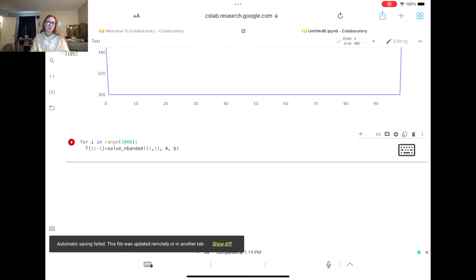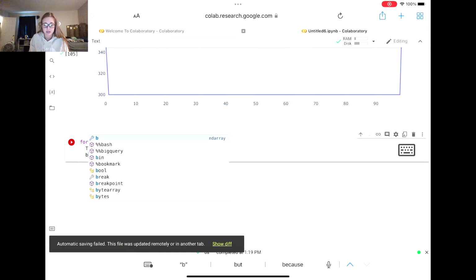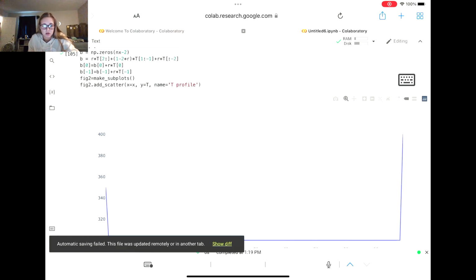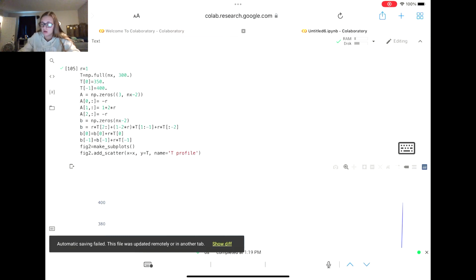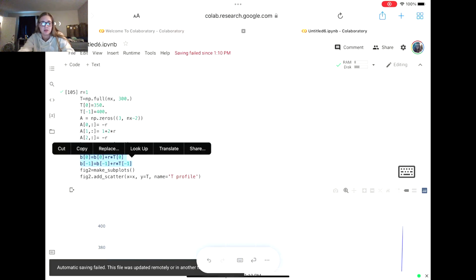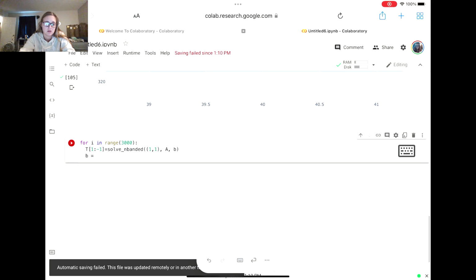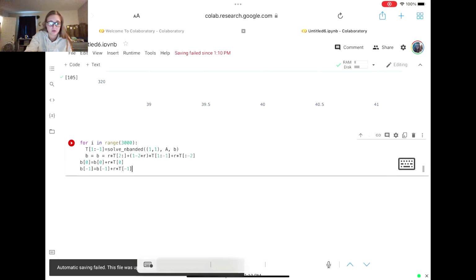We need to re-copy down what our B equation is and what our boundary conditions are. So give me a second. Let me do that. Copy that. I'm going to paste that right there.